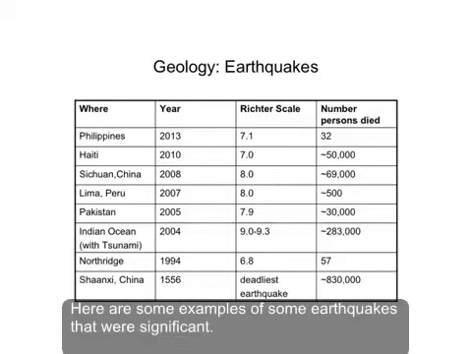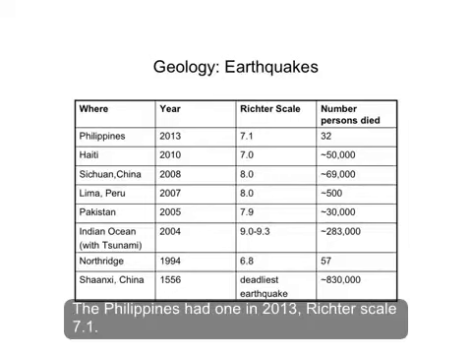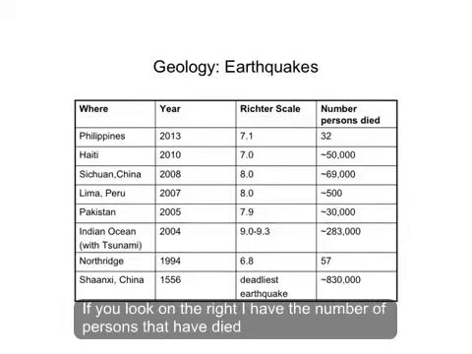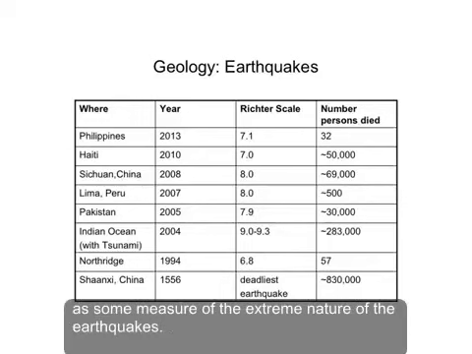And here are just some examples of some earthquakes that were significant. The Philippines had one in the year 2013, Richter Scale 7.1. And if you look on the right here, I just have the number of persons that have died as some measure of the extreme nature of the earthquakes.